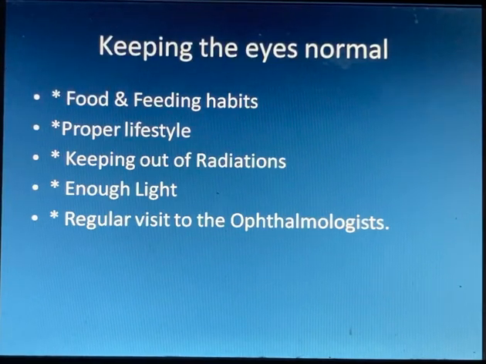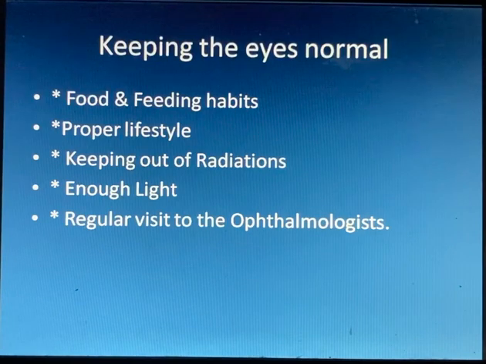Keeping out of radiations means we need to limit the use of radioactive substances such as the blue ray of the computer, mobile phones or television or other devices. We should not keep our electronic devices along with us all the time. It hampers the overall activities of the eyes.